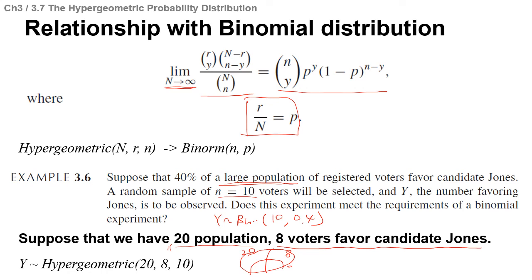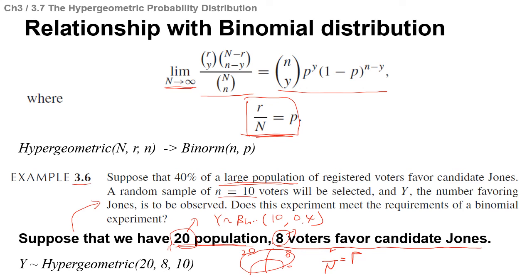And in this case, if we make this population larger and larger, if we increase this number and also increase this number with the restriction that r over N equals p, which is this one, then this problem converges to this problem, the example 3.6 case.